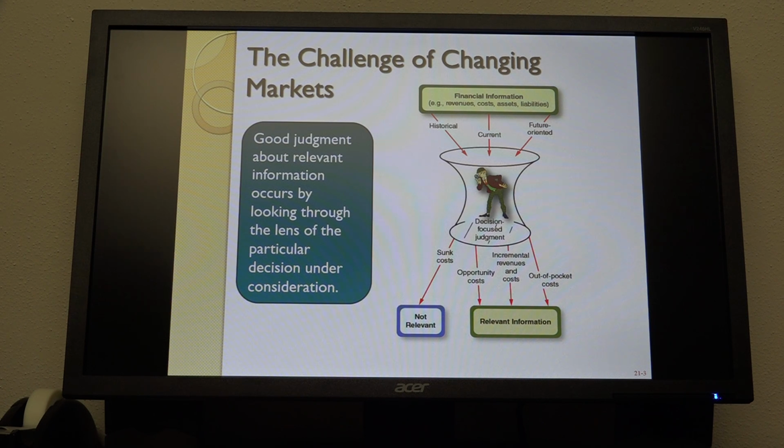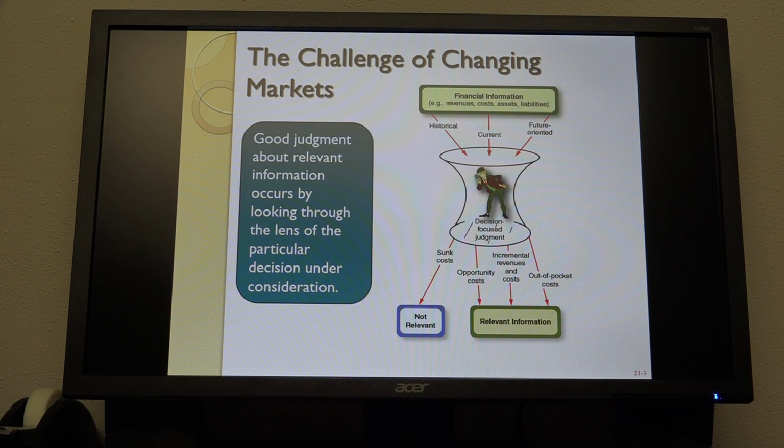And so look at this little illustration here. You've got this guy in the middle. He's being bombarded with all this information, financial information, historical, current, and future-oriented. And then there he is in the middle, and down at the bottom, what he's doing is sifting through this information and determining what information is relevant.